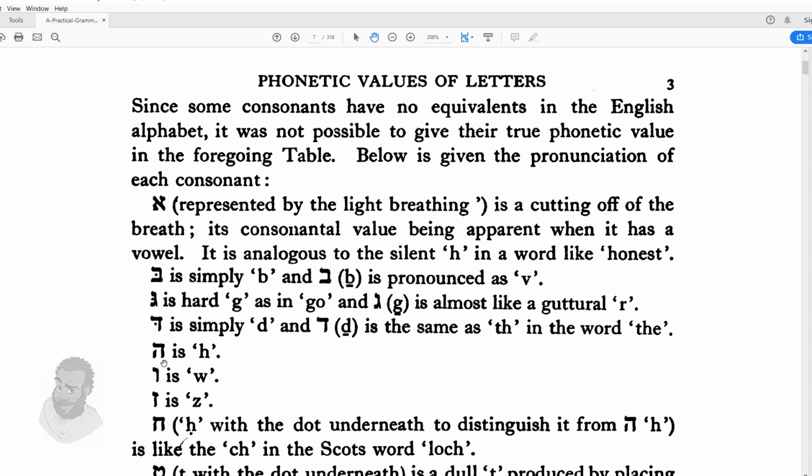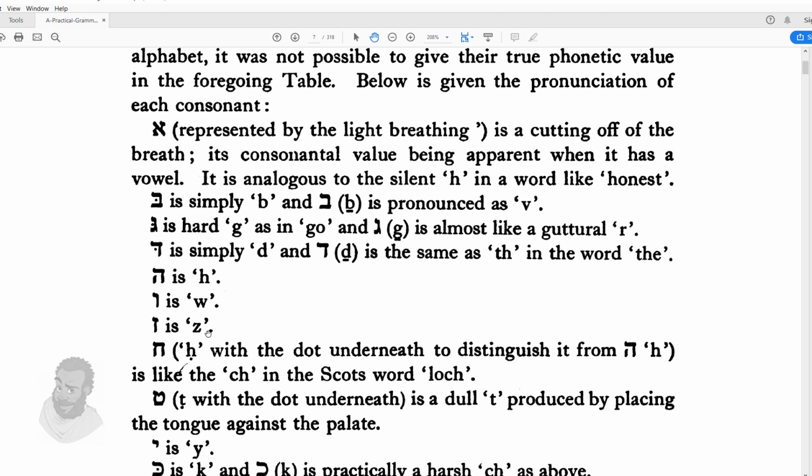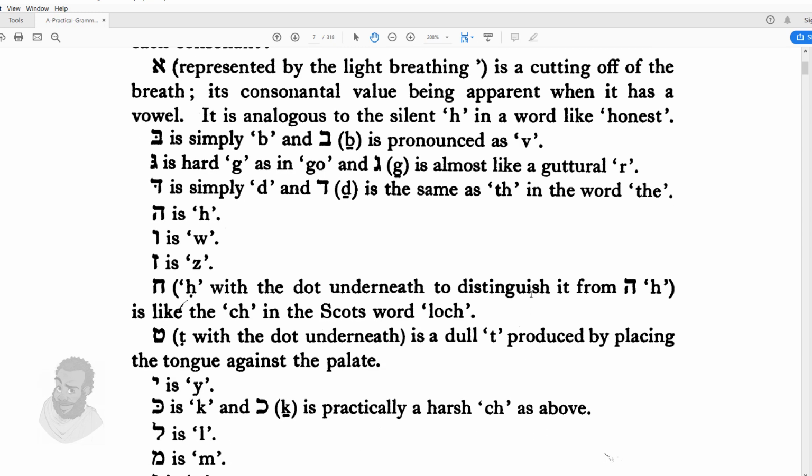Then you have He, which is H, Waw is W, Zayin is Z, Heth with the dot underneath to distinguish it from He is like the H in the Scots word loch. And personally, it's a bit softer than that. Again, it'll differ from culture to culture and person to person, okay?